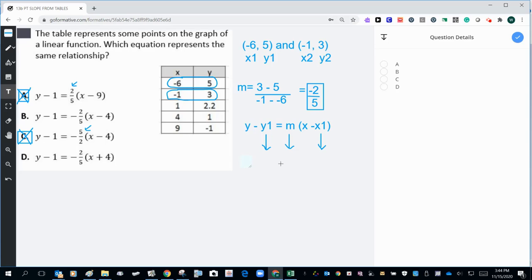So let's go ahead and write y minus y1 is 5 equals, the slope is -2 over 5, and then open parenthesis, x minus x1 in this case is 3. Now when I look at this and I look at my multiple choices, they don't match.